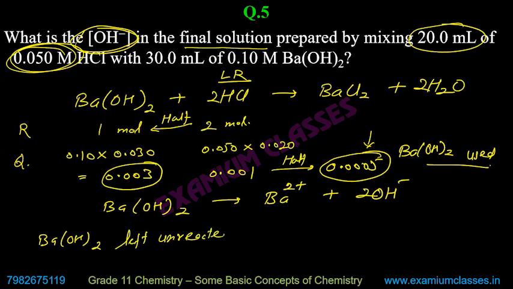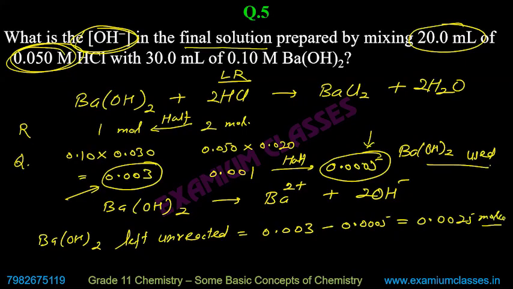unreacted. Basically, these types of questions will be more clear when we do the equilibrium chapter. There we will be doing a lot of such calculations. So initially you had 0.03 and consumed 0.0005, means you have 0.0025 moles unreacted.